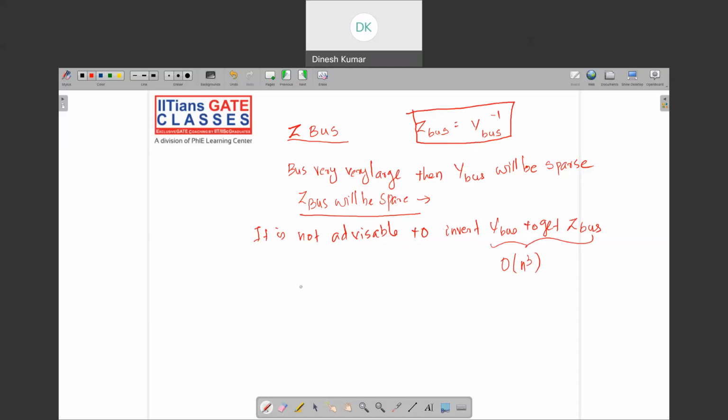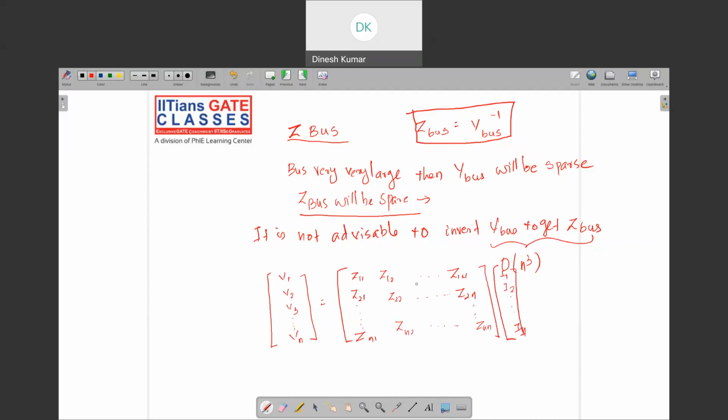So what is basically the definition of ZBus? We can define ZBus like this: V1, V2, V3, etc. up to Vn, equals Z11, Z12, up to Z1n; Z21, Z22, etc. up to Z2n; Zn1, Zn2, etc. up to Znn, multiplied by I1, I2, etc. up to In.